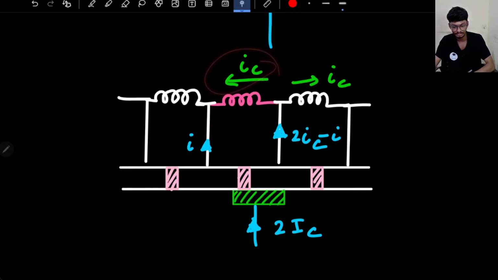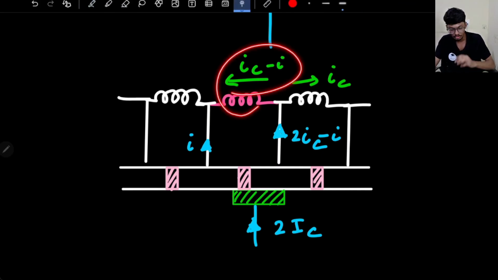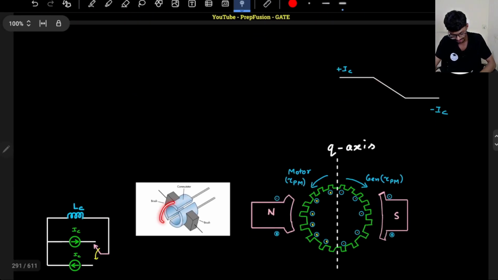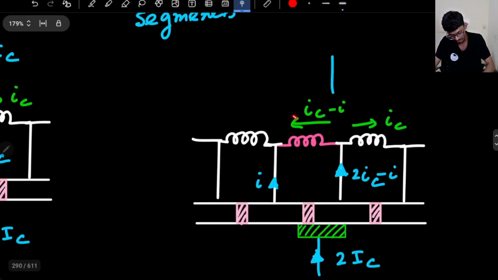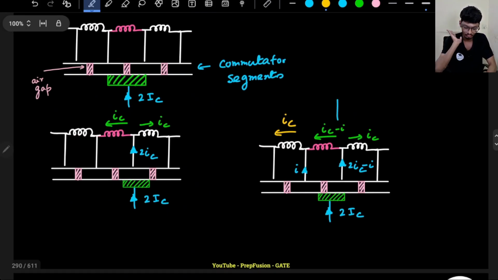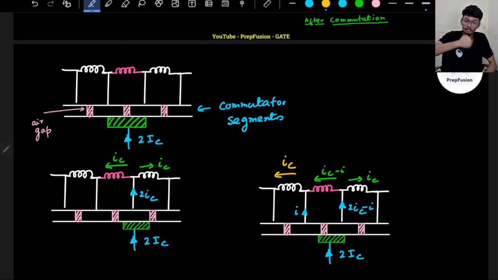So here the current will be IC minus I, because as it is going through commutation, current will slowly reduce, as I was explaining here, right? Here I current is going, here IC minus I current is going. In all the other coils IC current will always be there. That is the principle basically: the coil which is undergoing commutation, its current will start reducing.